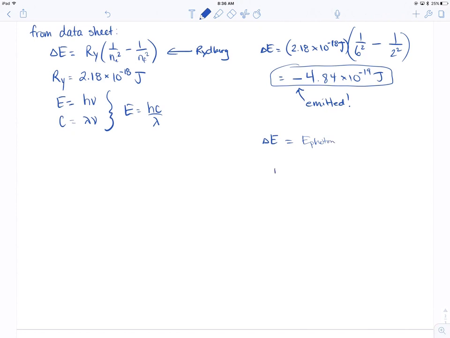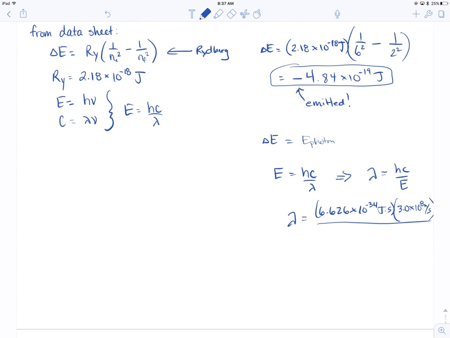So if we want to know wavelength, E equals hc over lambda, so lambda is equal to hc over E. So we can solve 6.626 times 10 to the minus 34th joule seconds, that's Planck's constant, times the speed of light, and dividing that by the energy we calculated.